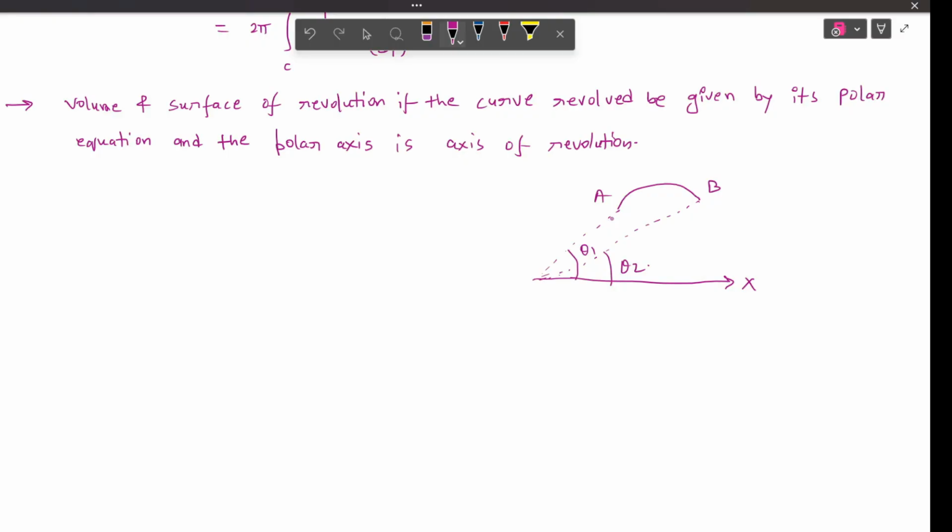Okay, this is a graph. So let AB be the curve where the angles of A and B are theta 1 and theta 2. These theta 1 and theta 2 are the vectorial angles.